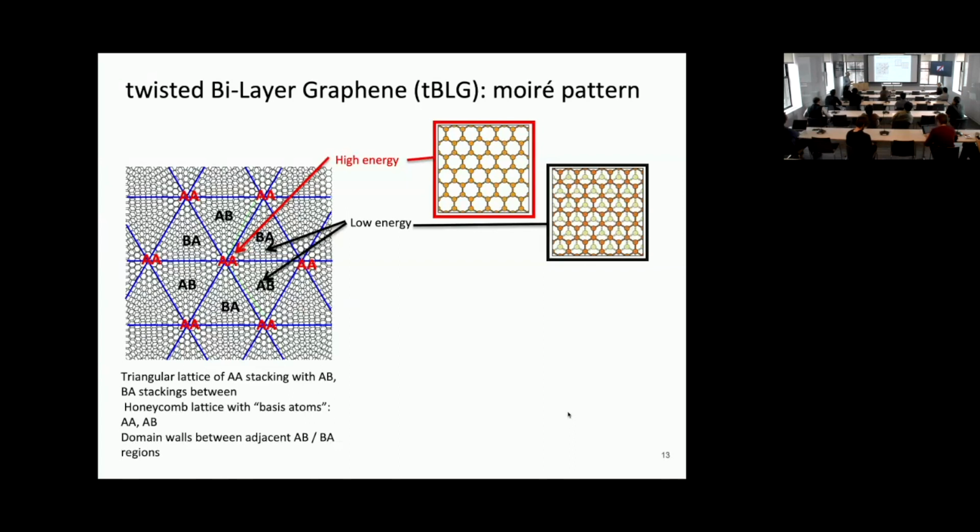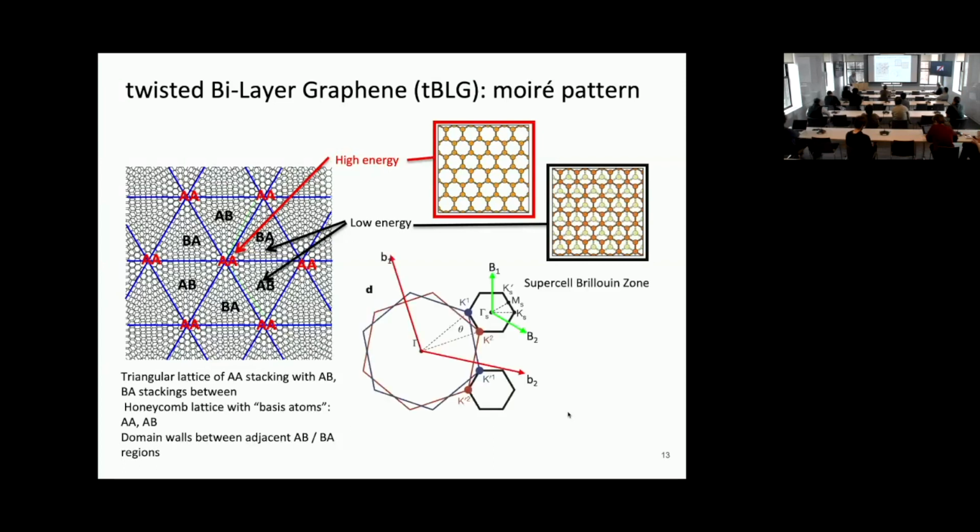So the top layer, again in orange, hides only half of the atoms of the bottom layer. And in fact, the low energy structure, the structure that the system would prefer is exactly this one. And this is a high energy structure which the system tries to avoid. But because of the twist, you have both of them, as well as regions that separate those two, shown here by the blue lines, which are called the domain walls.